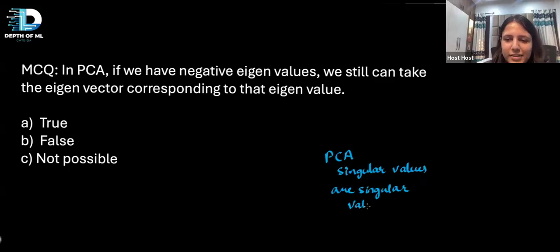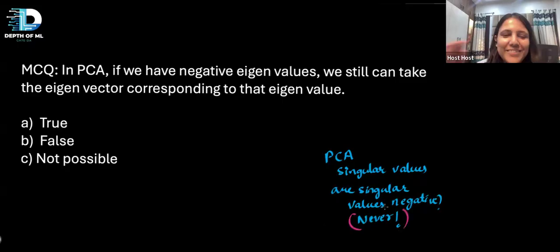Are singular values negative? They are never negative, right? So this is the question I made. So don't do these kinds of things in the GATE exam. I'll be very disappointed. Fine.